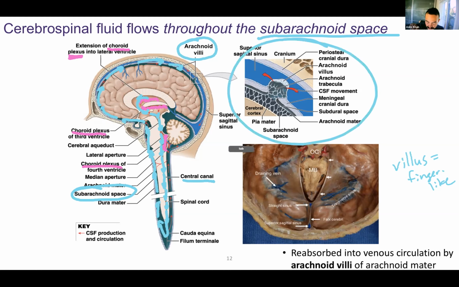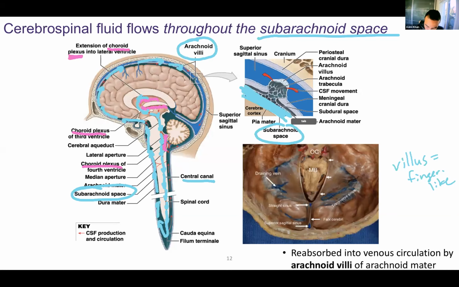Look at this top right illustration. Here is the subarachnoid space, this space right here. Cerebrospinal fluid will come to the subarachnoid space and then empty out this little protrusion. This protrusion that I'm going to color in green, that is the arachnoid villus.